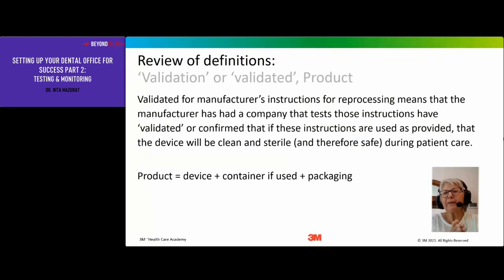So you've got the instrument or device, you've got your manufacturer's instructions for use. It's known that if you follow those manufacturer's instructions for use exactly as required, that device will be clean and sterile, and most important, that they're now going to be safe for patient care.